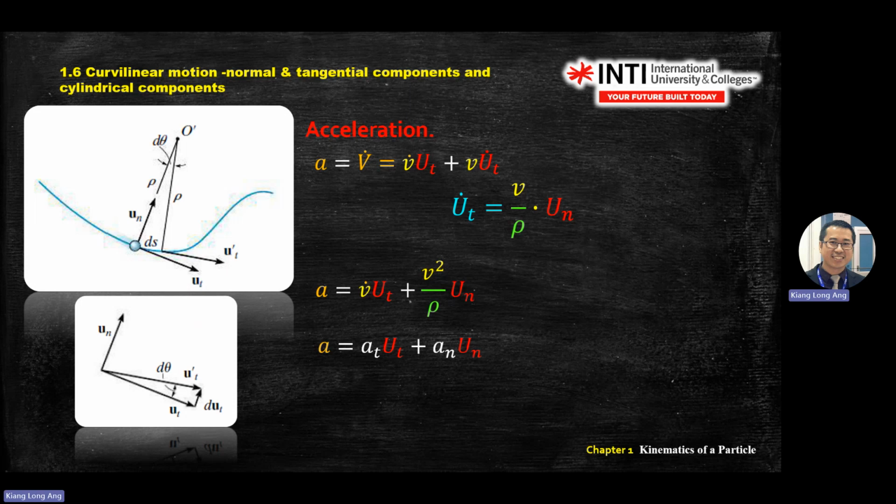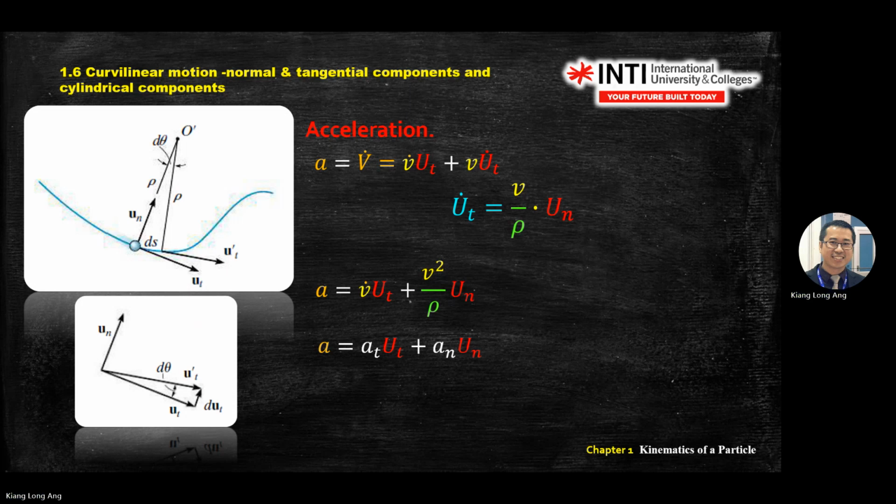Okay, so what happened to the velocity in tangent when you have a curve? It always follows the tangent direction. Remember, your V is always in this direction. So when you differentiate this one with time, you get acceleration in the tangent direction.